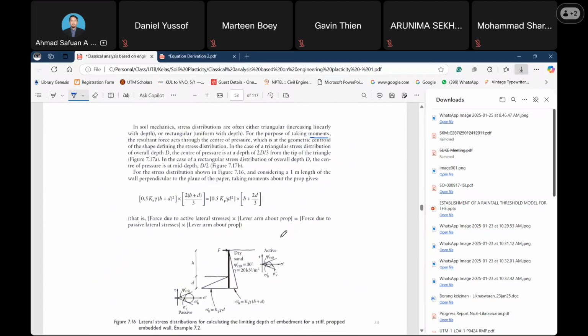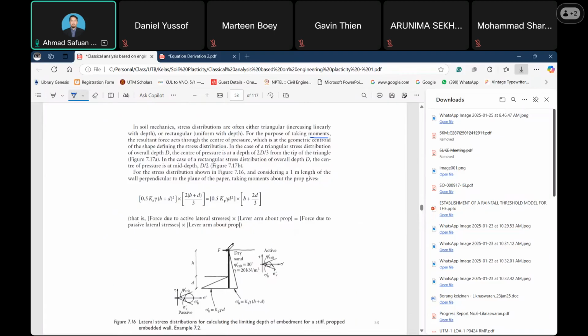In this case, the datum is considered at the top, at F. If we consider this as the datum, then we use the 2/3 for the triangular shape. If we consider the datum at the bottom, then we use the 1/3.